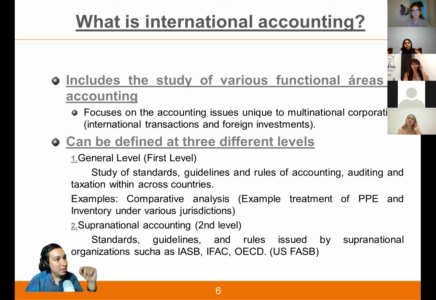Supranational corporations are corporations intended to have legal authority over multiple countries, like the UN. Those supranational accountings come to the standards, guidelines, and rules issued by the supranational organizations, as I told you. The IASB, remember who is the IASB?